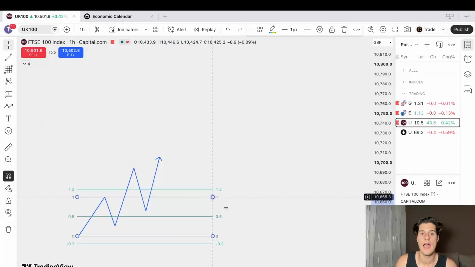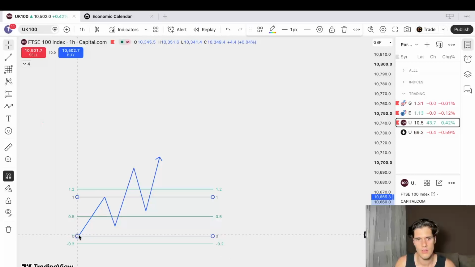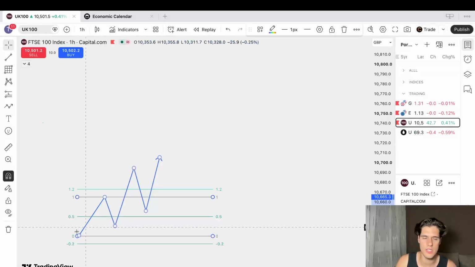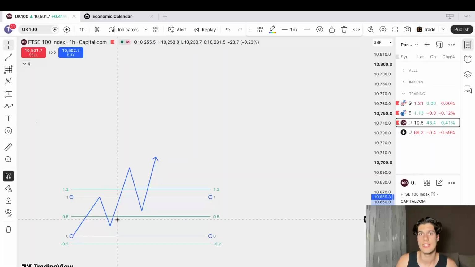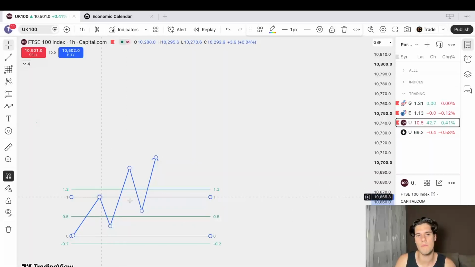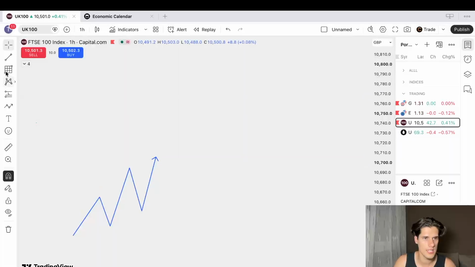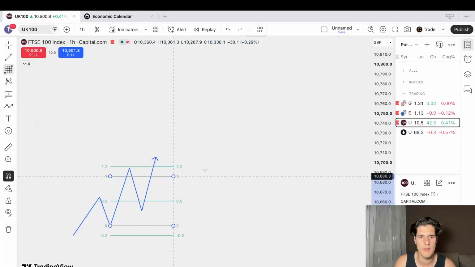like this. And as you can see here, the price comes from the discounted zone to the premium and comes back to the discounted zone, where the buyers take place, sending the price much higher and breaking the previous structure. And as you can see, here it is the same from the bottom to the top.